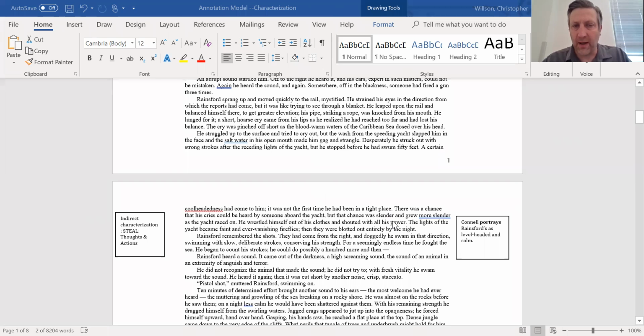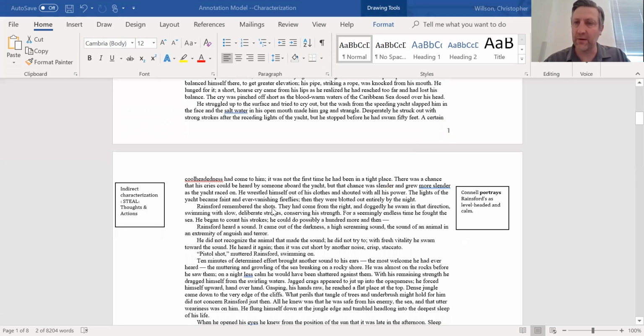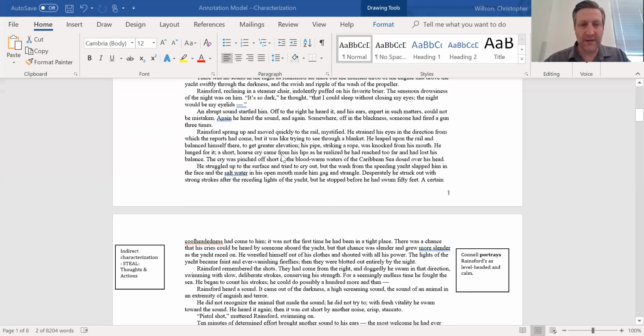You can go ahead and pause this because you're going to try and find those specific quotes. You'll either underline if you have paper, or if you're on your computer, highlight the actual quotes that show the thoughts and actions that portray Rainsford as level-headed and calm.